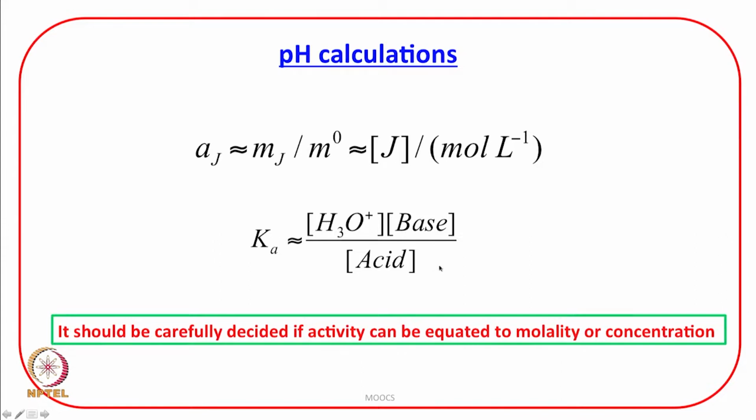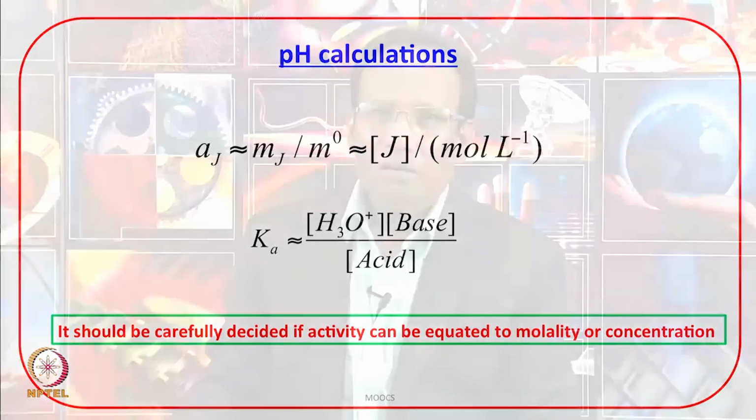So, in elementary textbooks, the acidity constant is written as the ratio of the concentrations, and in advanced textbooks, the acidity constant is written as the ratio of activities. Therefore, please make a suitable judgment when activities can be replaced by molality or by concentration.